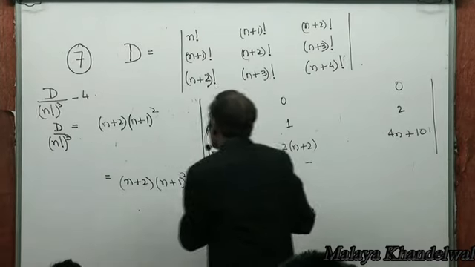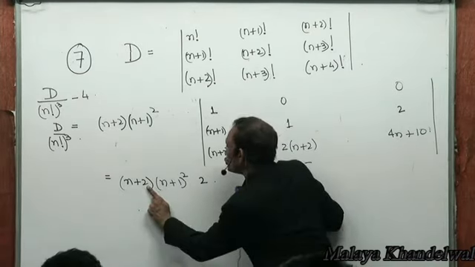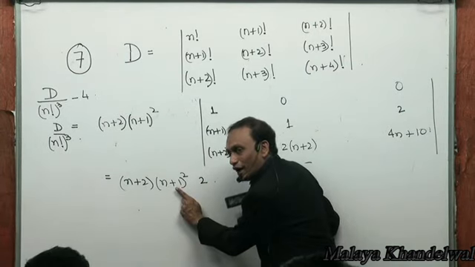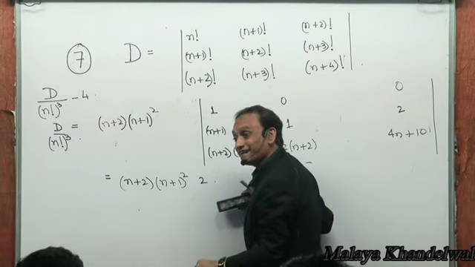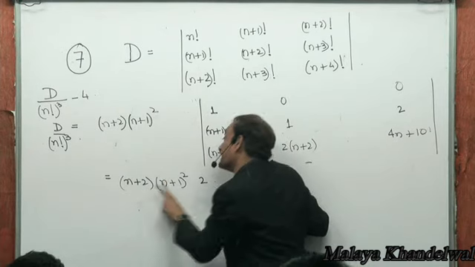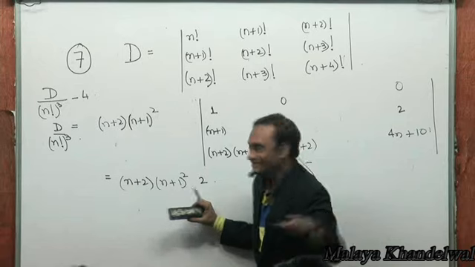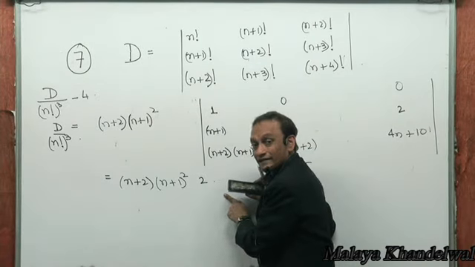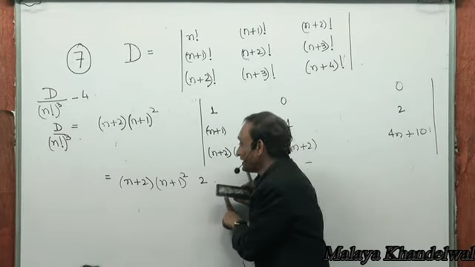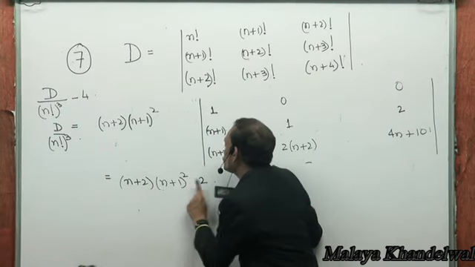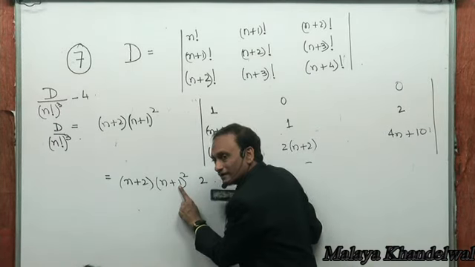Now I want to do D by n factorial whole cube minus 4. So the minus 4 can come out of this. 2 into 2 into 1 will give me a 4, which can go on the left hand side. And that will be the only term not containing n. Everything else will contain n. Yes or no? If I multiply this out, the only term independent of n would be 2 into 2, 4 into 1.